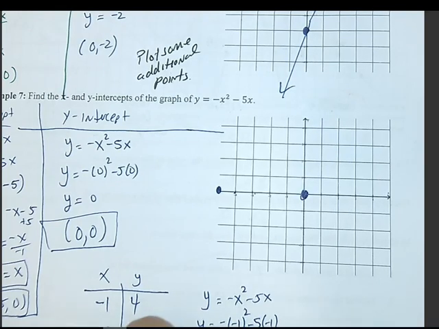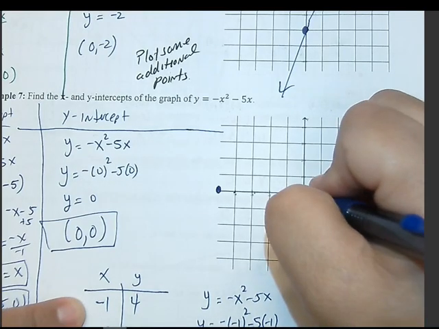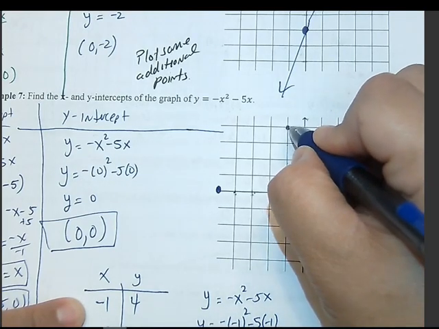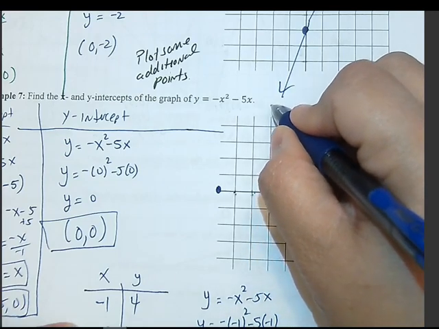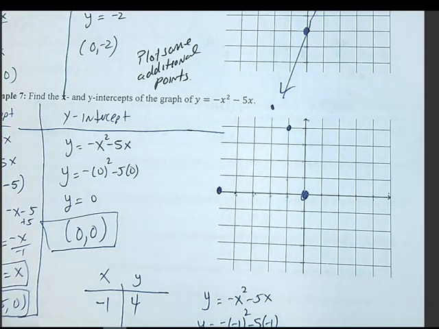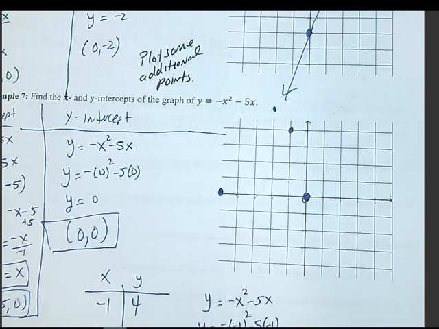So we get 6. Okay, so -1 is 4, and -2 is 6. So somewhere up here. And then -3 is the last one. So -3 squared would be 9. Times negative is -9 plus 15. So we get 6.